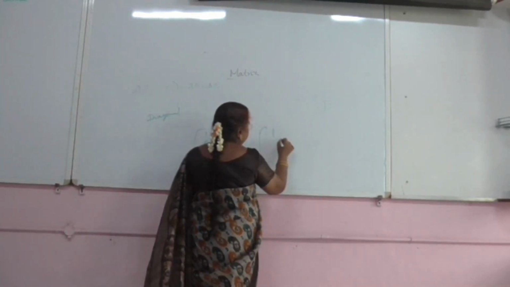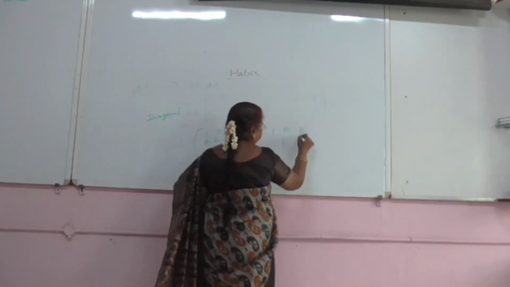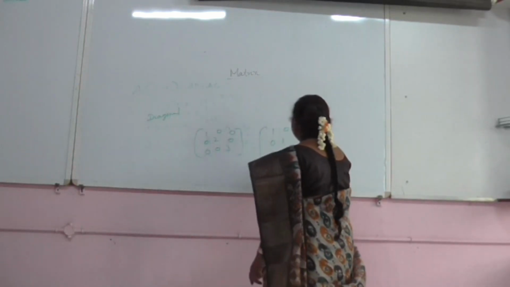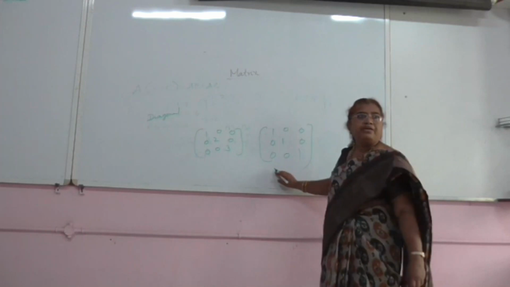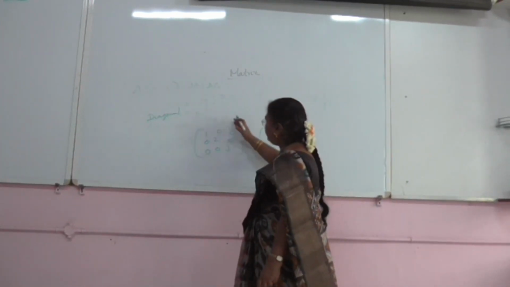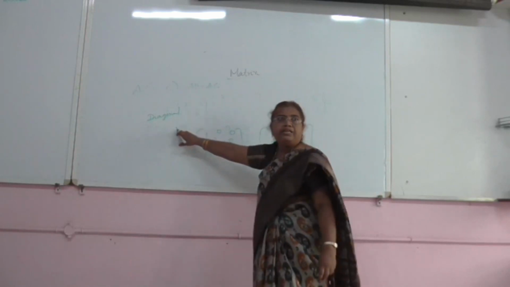If the diagonal elements are 1 and all other elements are zeros, then this is called a unit matrix. If the diagonal elements are non-zero and all other elements are zero, it is called a diagonal matrix.